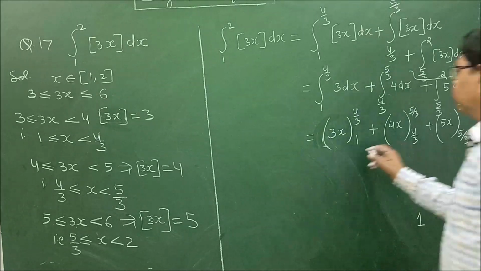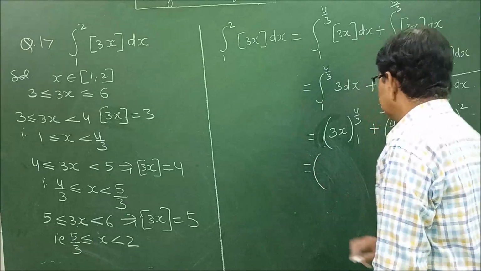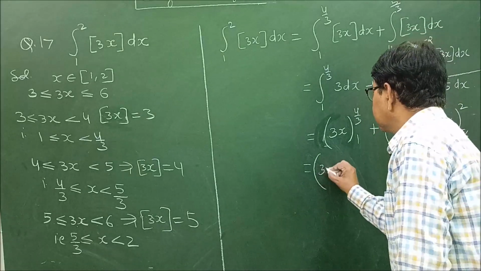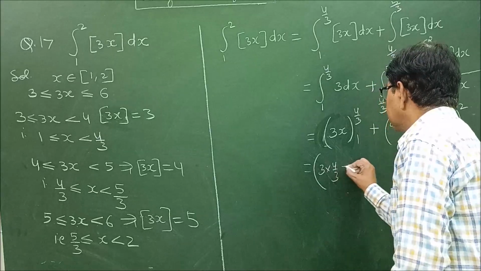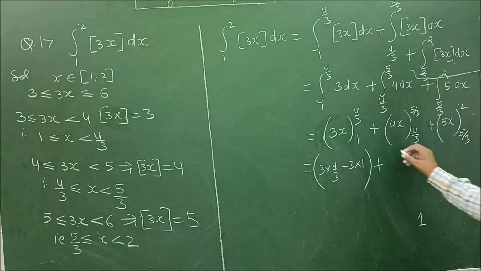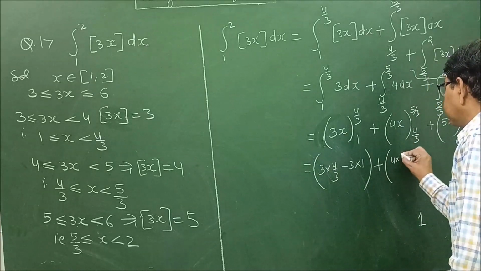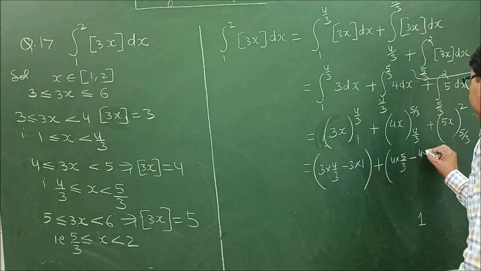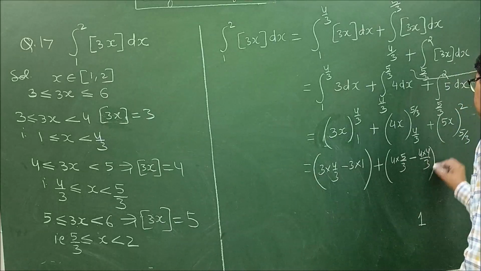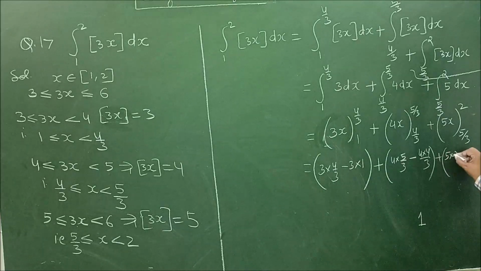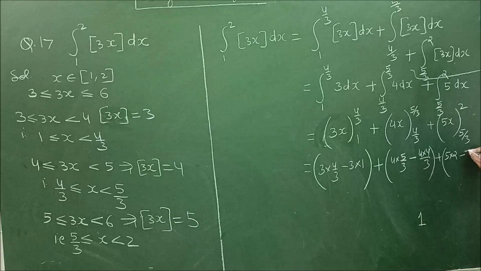Now putting the values, we get 3 into 4 by 3 minus 3 into 1 plus 4 into 5 upon 3 minus 4 into 4 upon 3 plus 5 into 2 minus 5 into 5 upon 3.